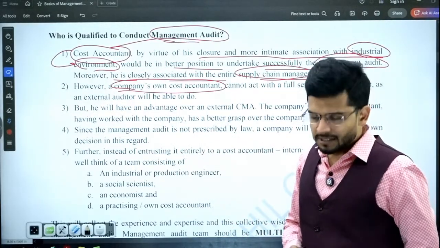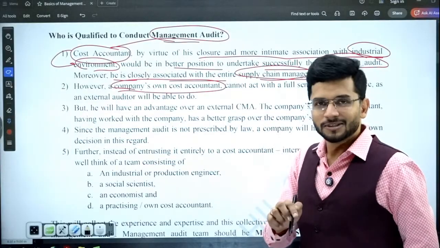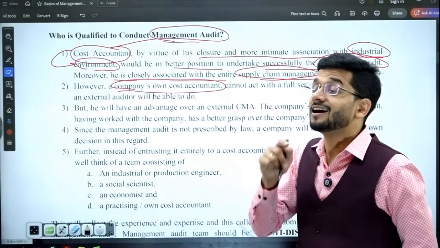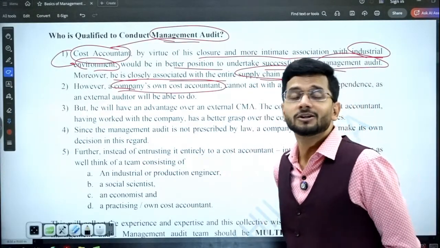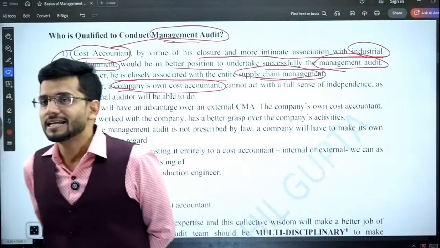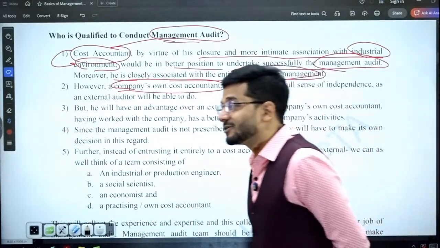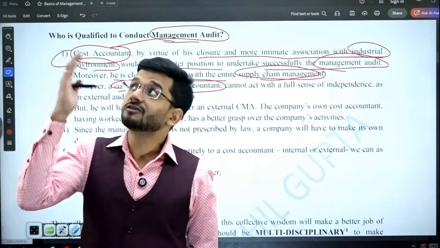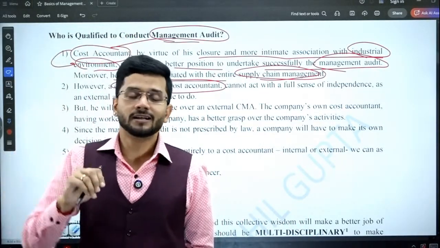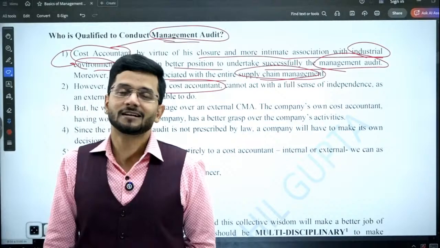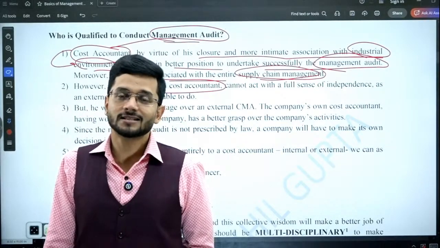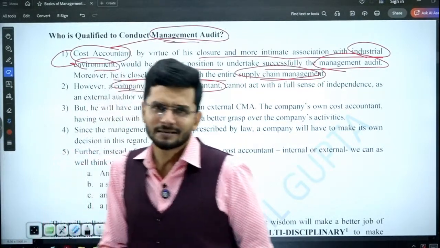But tell me something. Will a cost accountant who's working in the same company say anything against the management of that particular company? Won't management be against that particular cost accountant then? Won't that cost accountant fear that, oh, if I say anything against any of my bosses who are the management, then they will throw me out of the company? Won't that cost accountant have that kind of feeling? Answer is yes.